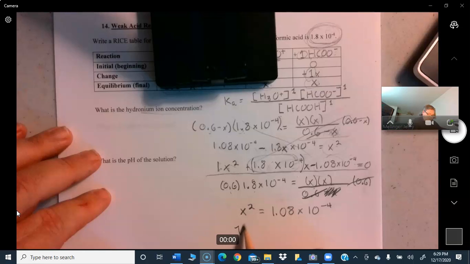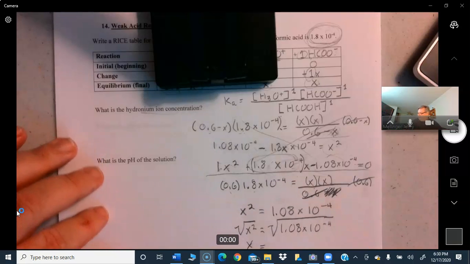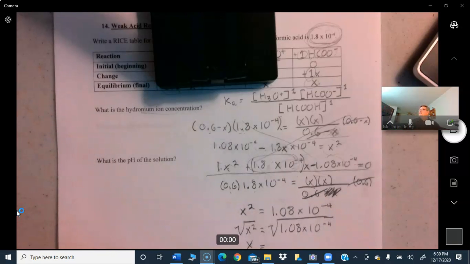Now you take the square root of this side, and you take the square root of this side. And the square root of x squared is x. And the square root of this over here is something you knock down on the calculator. Be careful doing square roots of scientific notation.